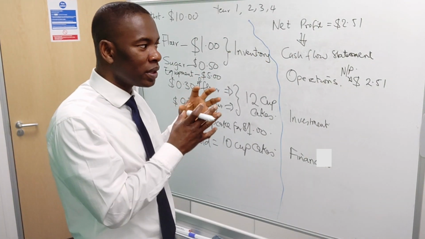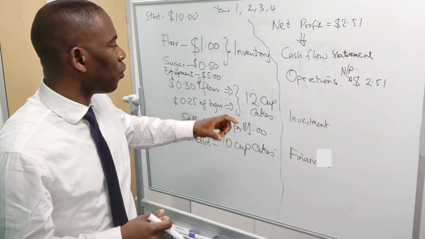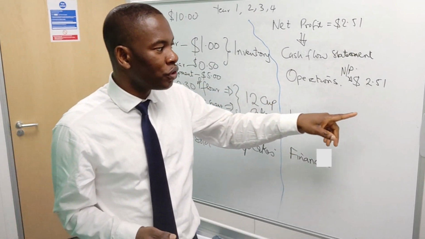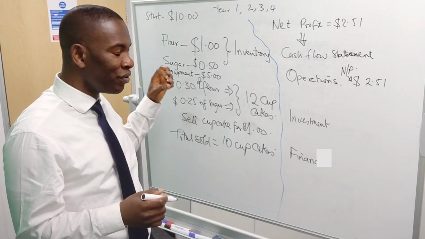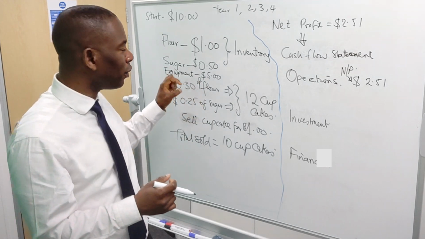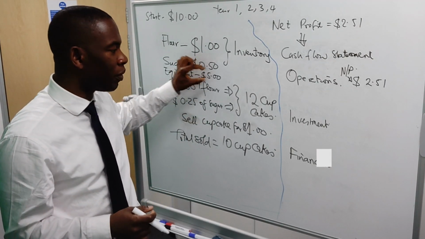So that part of the income statement becomes depreciation. That $1, we are not going to pay tax on it. So we are going to have it in our pocket as a result of that depreciation. It's like we are getting back the money you have spent on purchasing this equipment.